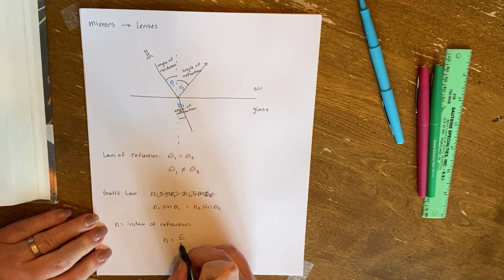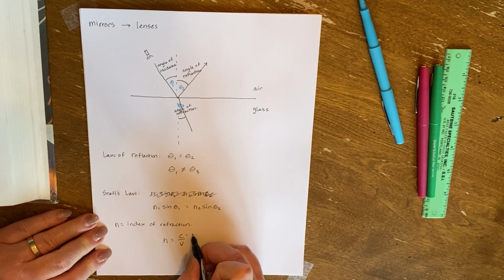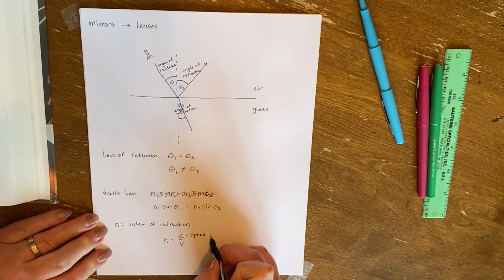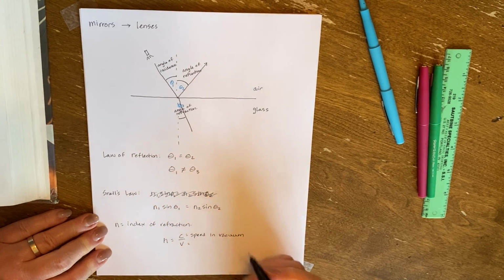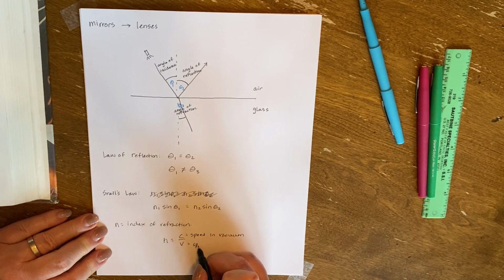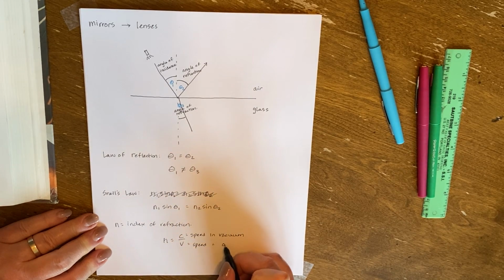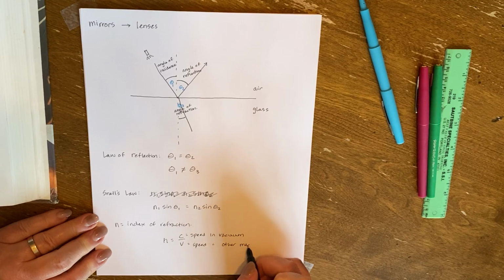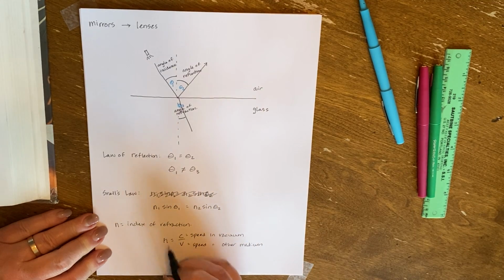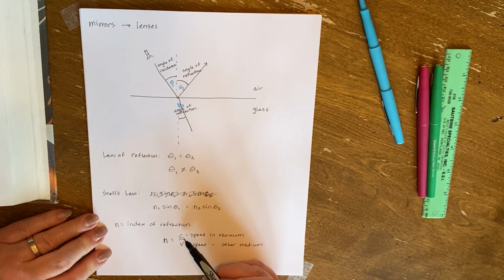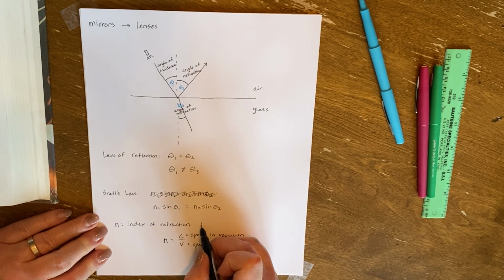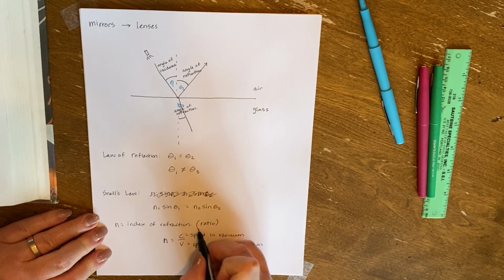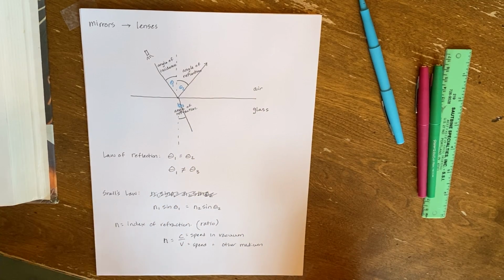We can write that like this, where c equals the speed in a vacuum, and this v here is the speed in the other medium. So n has no units because both of these are meters per second. The units are going to cancel out. It's just a simple ratio. Hopefully you remember all this from last week.